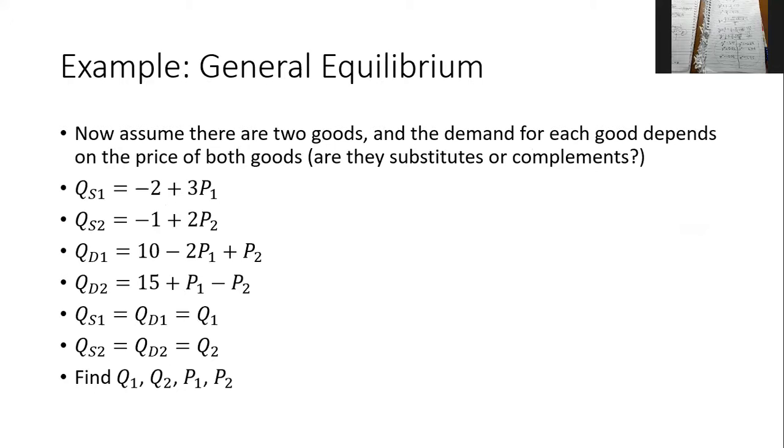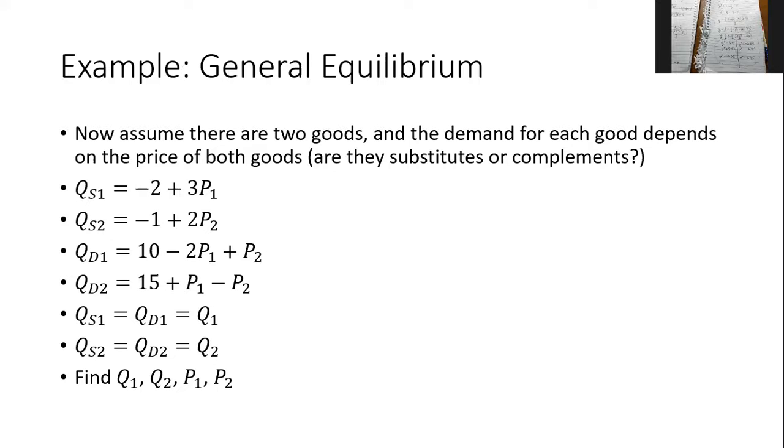There isn't just one good, there are two goods, and the quantity supplied and the quantity demanded for each good, okay, let me rephrase that. The quantity demanded for each good depends on the price of both goods.